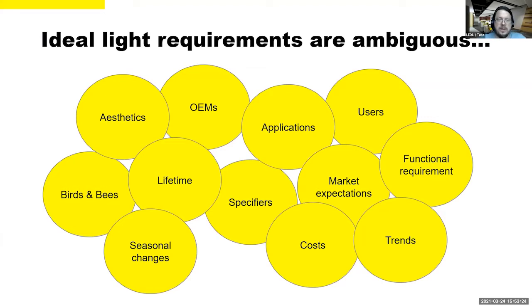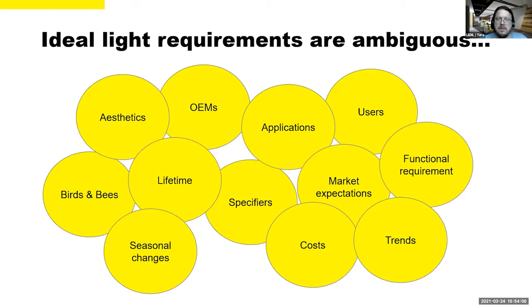Sometimes we may have requirements even originating from birds and bees and, let's say, turtles. We must use certain very low CCT lights in certain coastal areas so that we are not distracting the breeding of the sea turtles. We may have seasonal changes. Cost is, of course, one of the big factors in search of the perfect light.